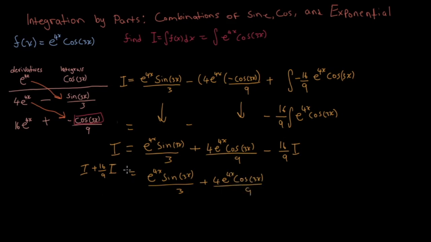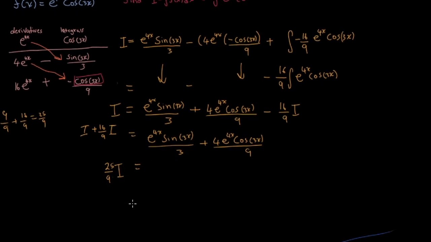Now we can add I to 16 over 9 I. When we do the addition, 9 over 9 plus 16 over 9 gives us 25 over 9 I, which is equal to all this.